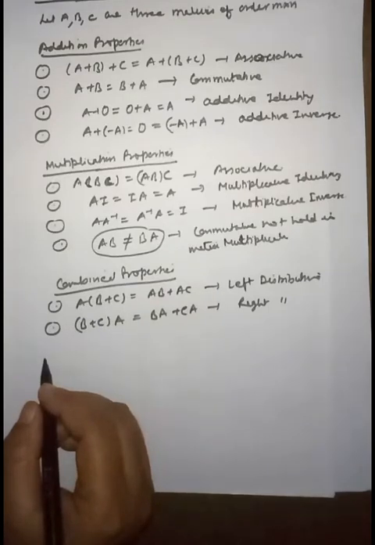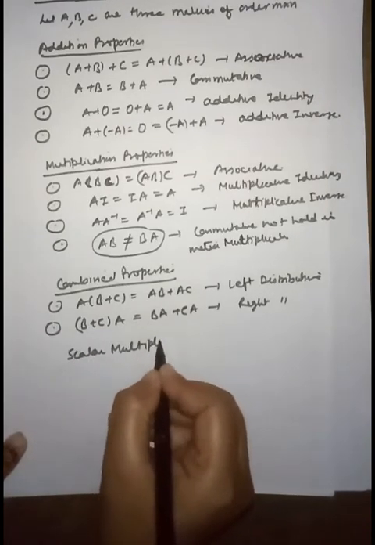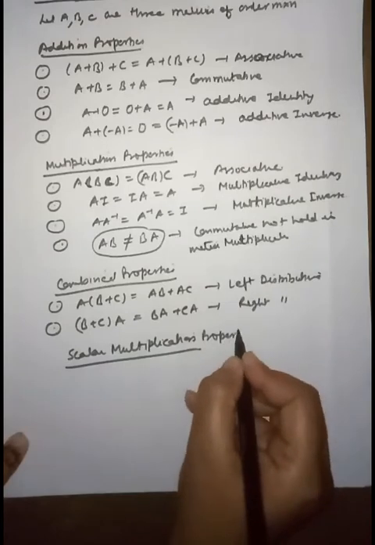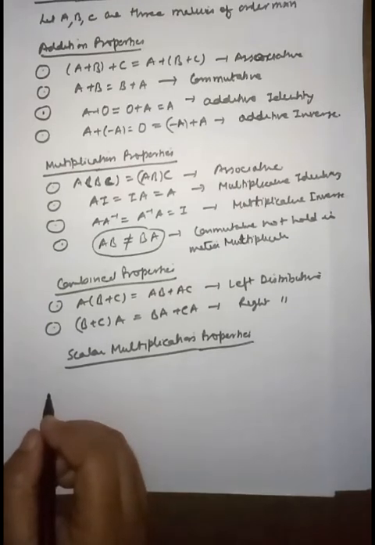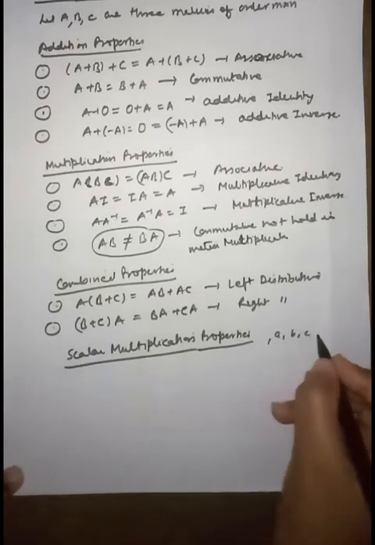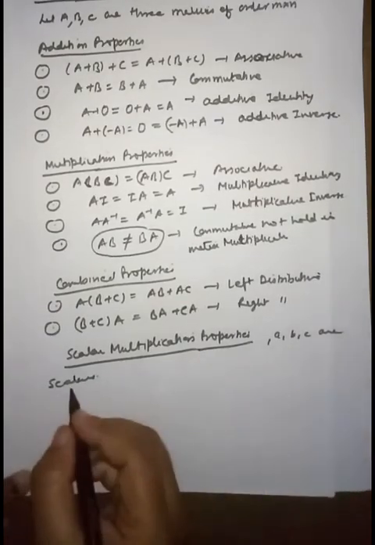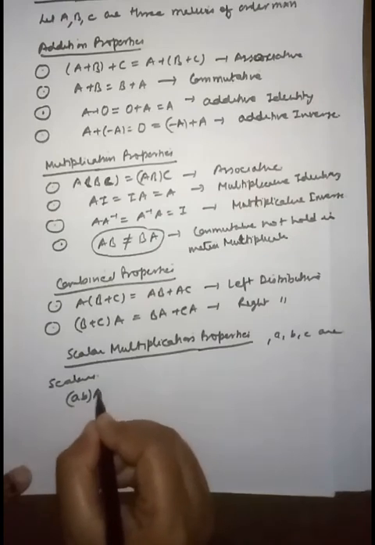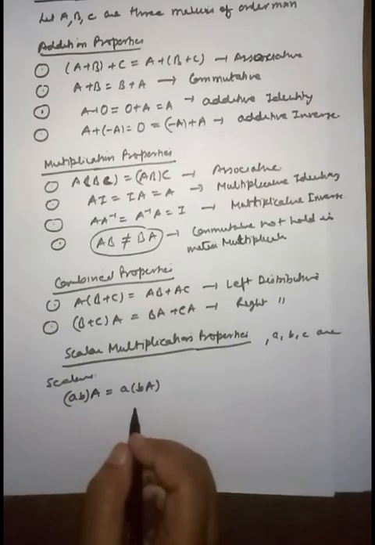Scalar multiplication properties. So friends, if I take small a, b, c as scalars and A as a matrix, this can be written as (ab)A equals a(bA).